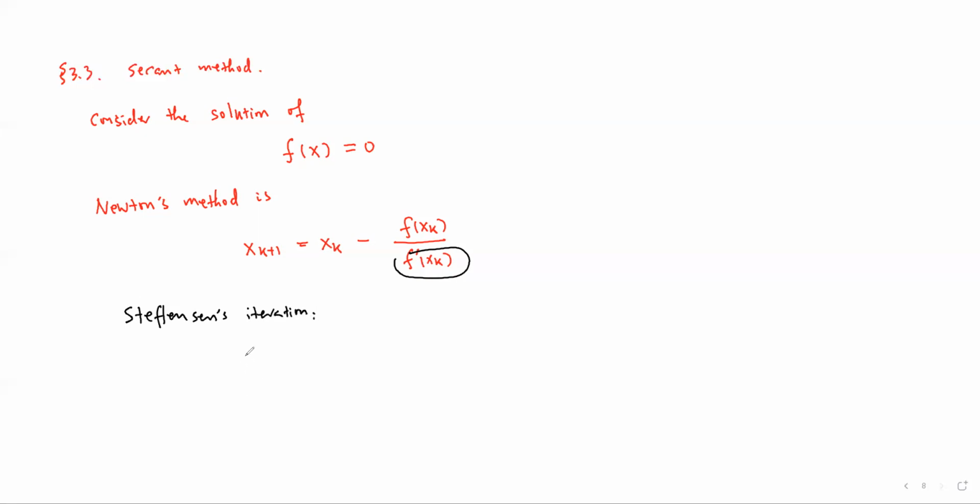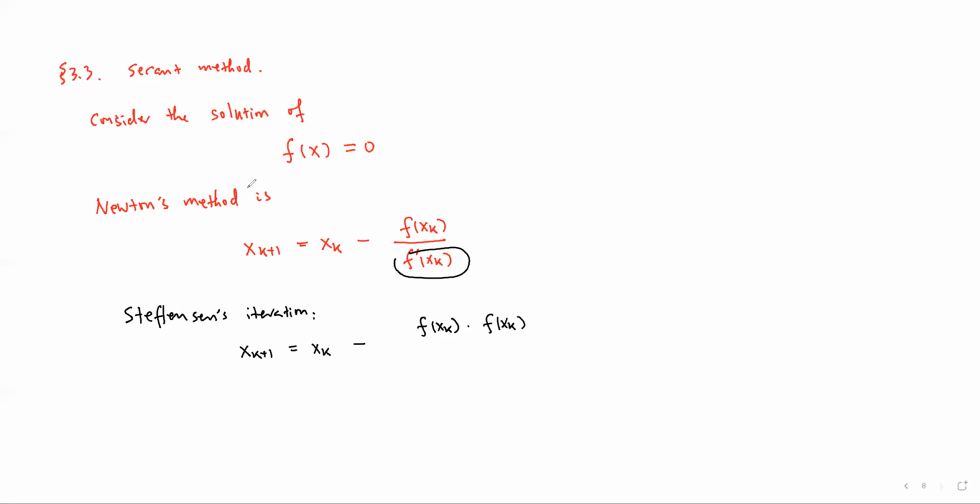This iteration reads s_{k+1} is s_k, then minus f(s_k) times f(s_k).